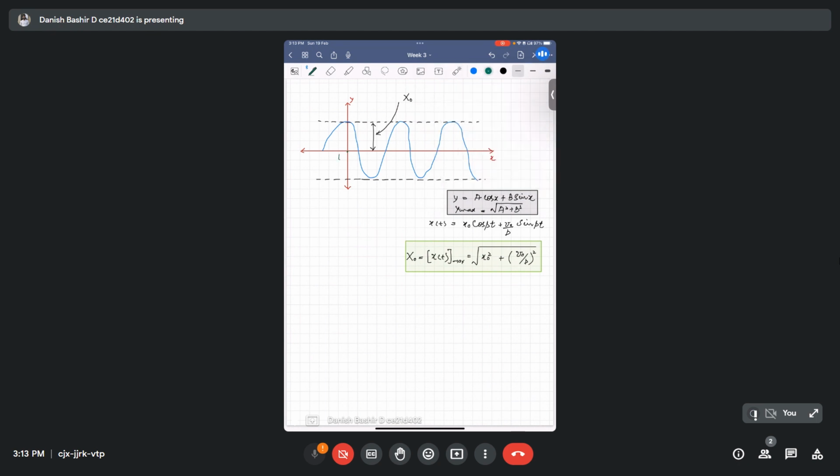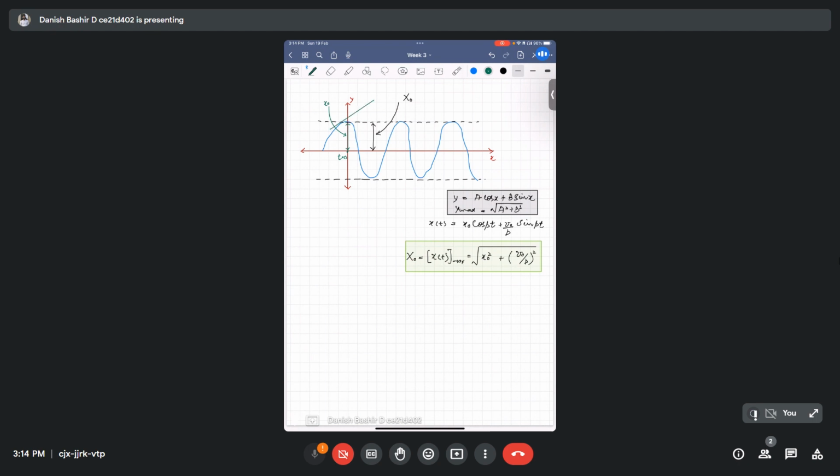At t is equal to 0 it has some value, that is our initial condition that we incorporated into the equation, that is x naught. And at t is equal to 0 we also have some slope. That's the value of the b here.